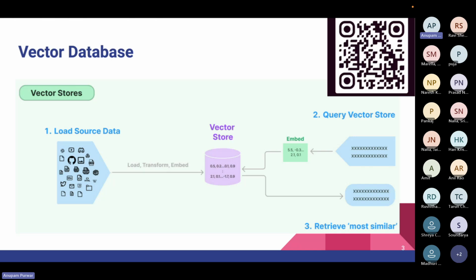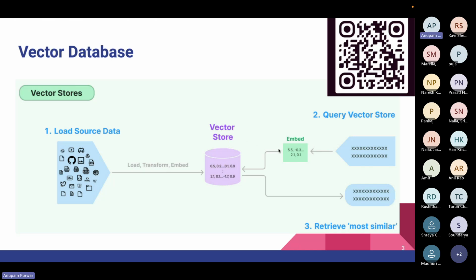So here also, the onus would be on comparing the similarity between the query vector and the vectors which are already stored corresponding to the text.